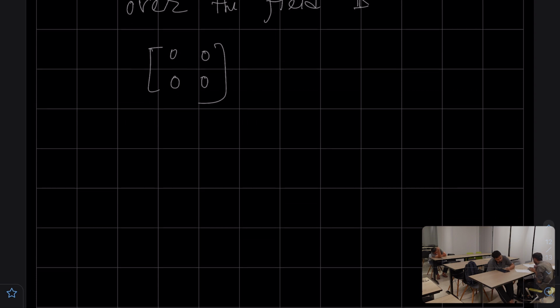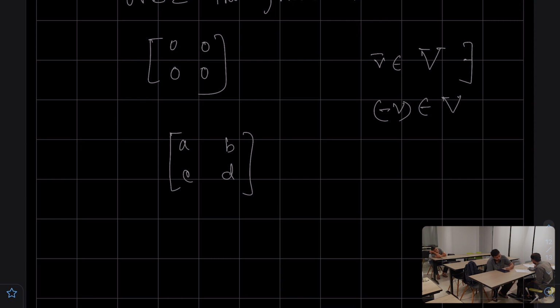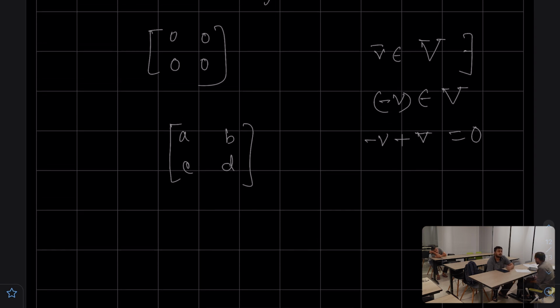So for a generic matrix like A, B, C, D, we know that for every vector V in the vector space, there exists minus V belonging to the space such that minus V plus V is 0. Can you tell me what is the additive inverse of this matrix?